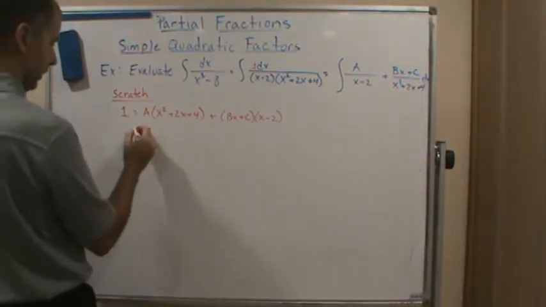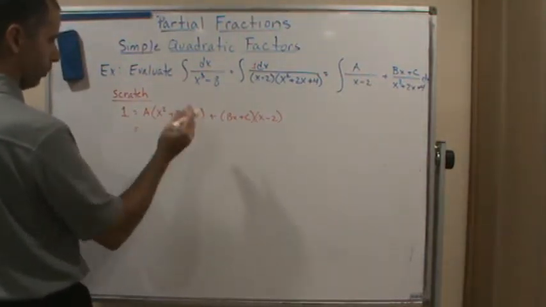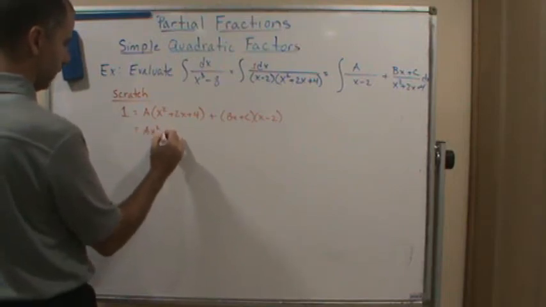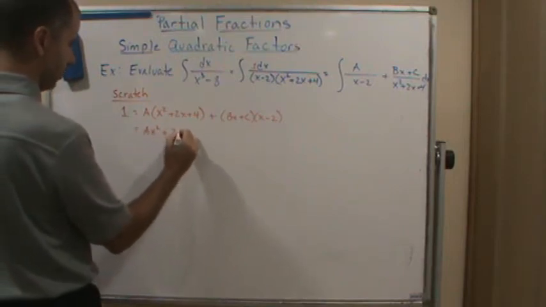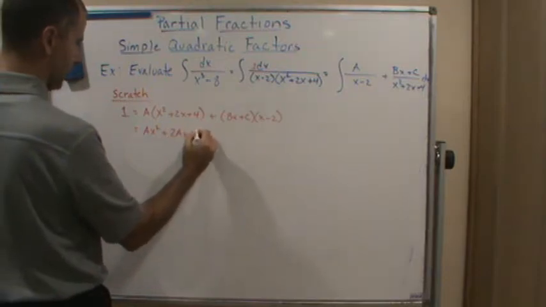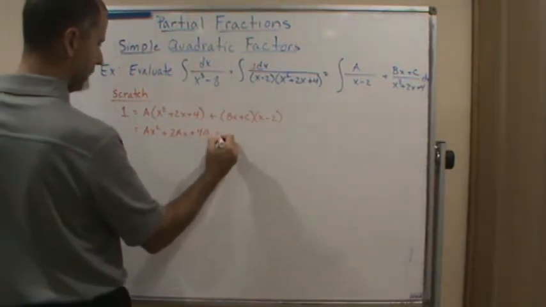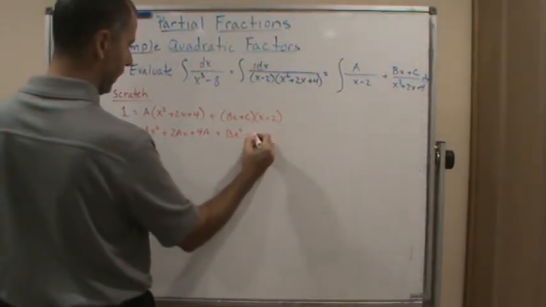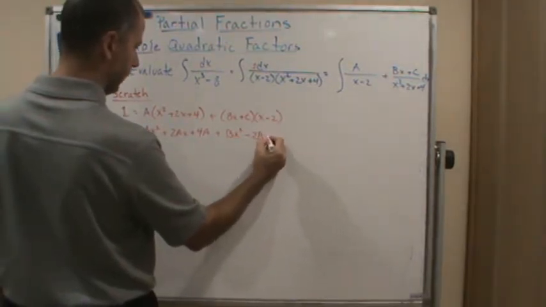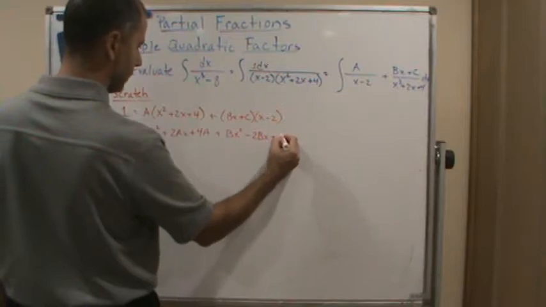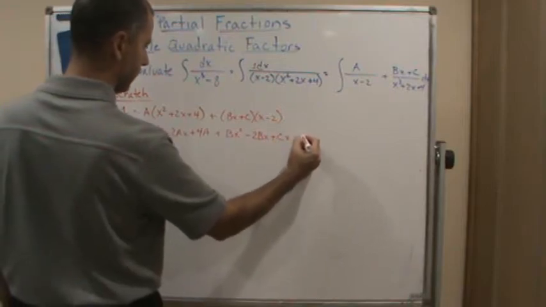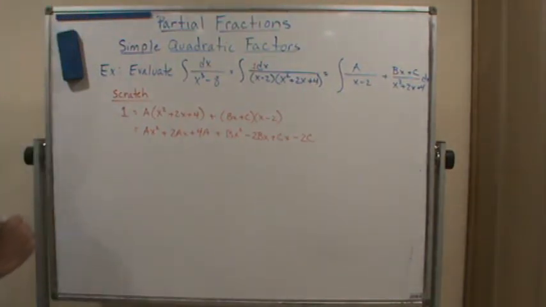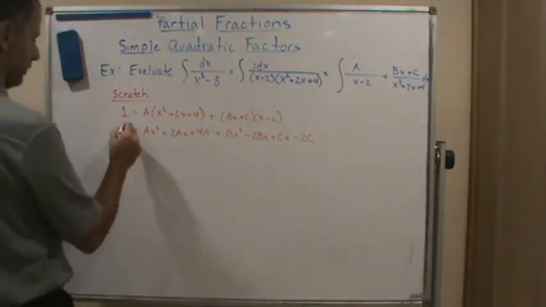And now I'm going to simplify or rearrange things. So this is going to be Ax squared plus 2Ax plus 4A plus Bx squared minus 2Bx plus Cx minus 2C. And now this is equal to 1.